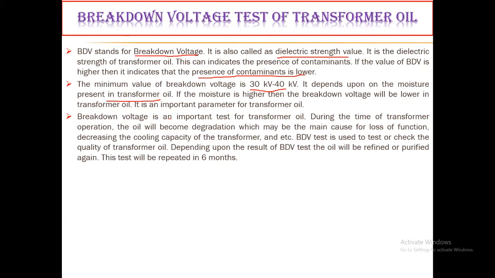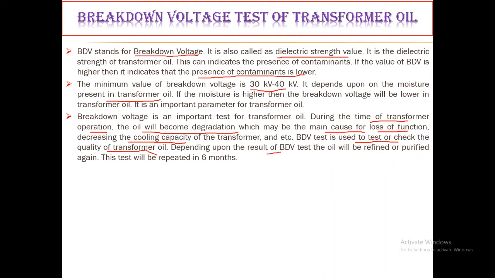So the breakdown voltage test is a very important test for the transformer oil. During transformer operation, the oil becomes degraded, which may be the main cause for the loss of function, decreasing the cooling capacity of transformers and so on. So the BDV test is used to check the quality of transformer oil by measuring its breakdown voltage capacity.